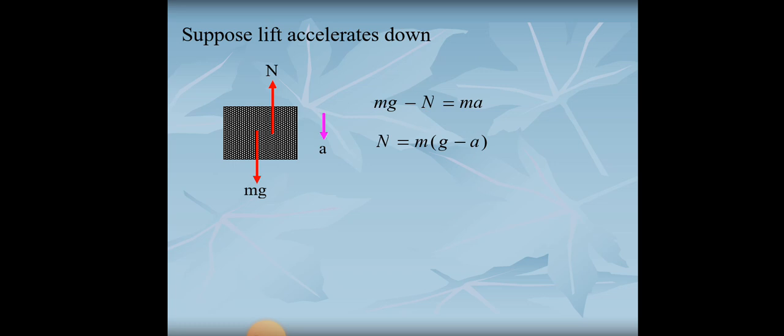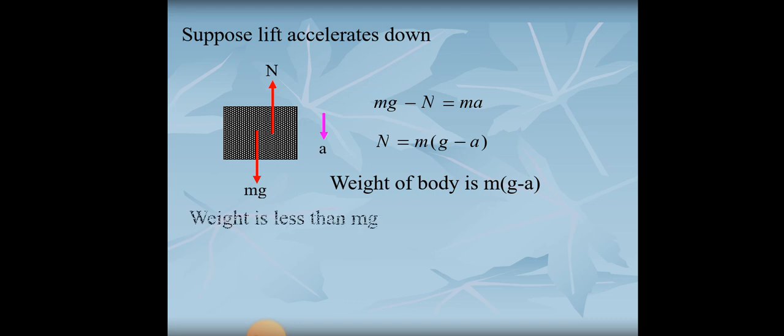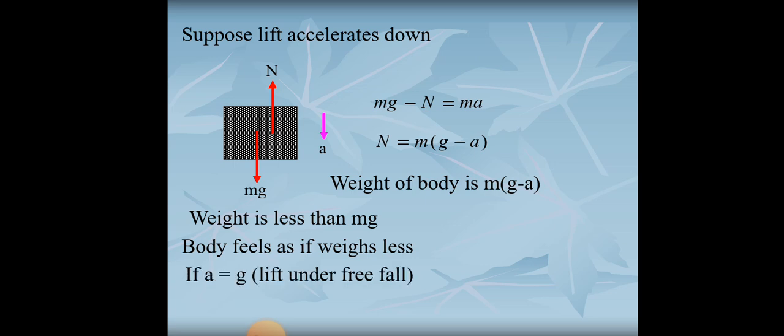It's greater than the force which is going up. So the weight of the body is mg minus a. So the weight is less than mg. The body feels as if it weighs less.